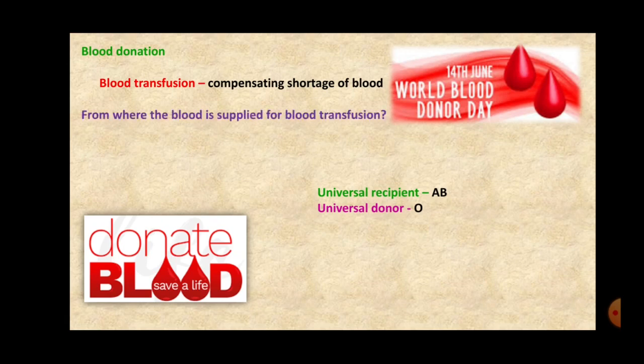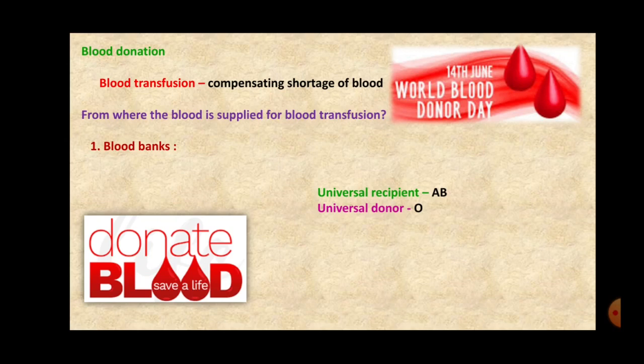Now, from where is this blood brought, or from where is the blood transfusion supplied? It is supplied from the blood banks. Blood banks are the places where the blood is collected from healthy people, and it is stored, and then it is given to the person who is in need of it.